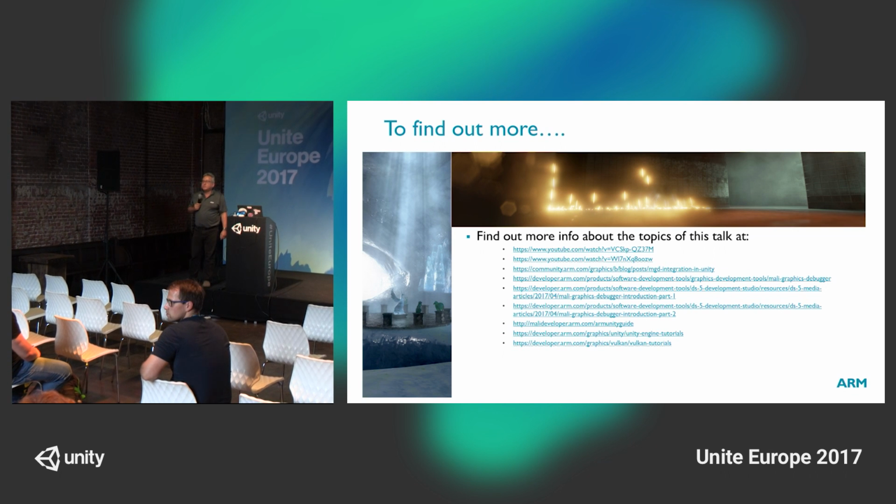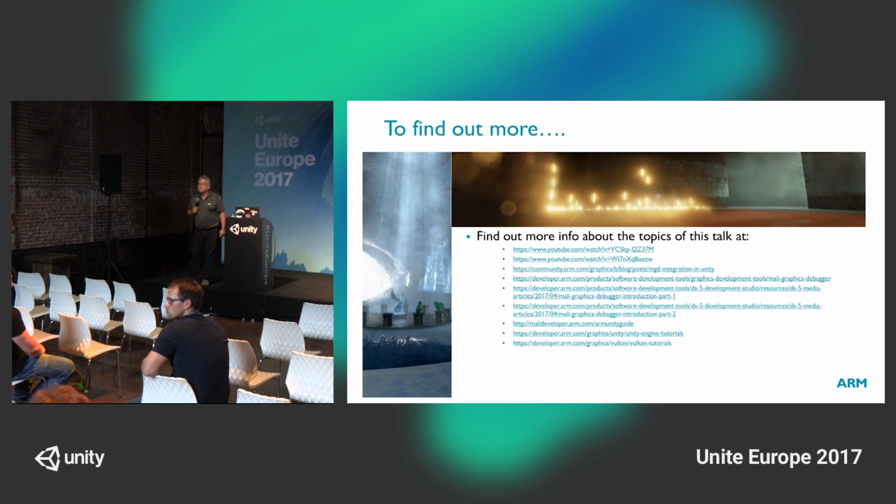Is it already a viable option to have deferred rendering on mobile using Vulkan, or is that still a little bit more in the future? No, it's something that you can do right now. It's working, and this is an S8.